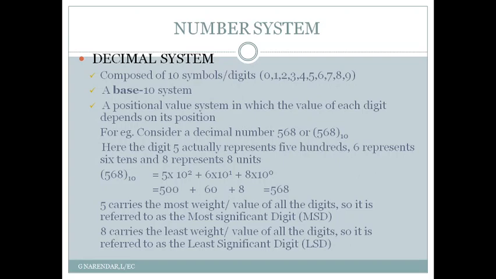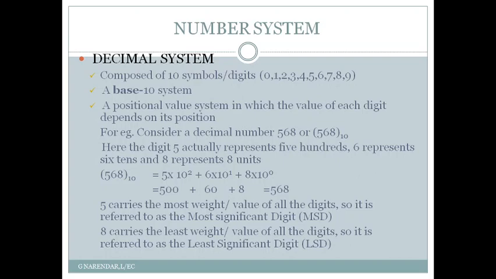So here I say that the decimal number is 568. I can represent this as shown in the PowerPoint: 568 included within parentheses with a subscript of 10. This is the representation given to any number system, and here the subscript 10 indicates the number 568 is a decimal number.